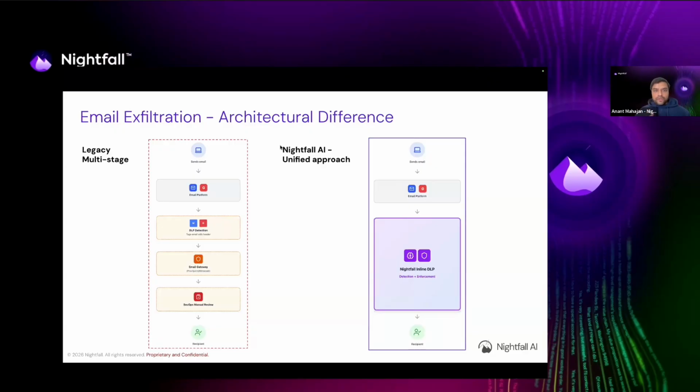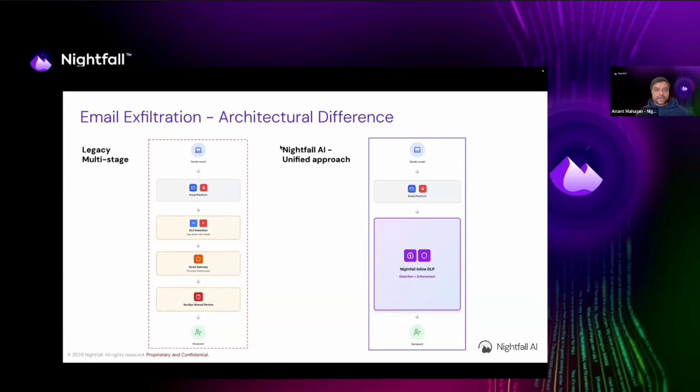In speaking with a lot of you, what we've understood is there's a legacy multi-stage approach in how outgoing emails are scanned and secured in your environments. You could be using Exchange Online, you could be using Gmail. There are instances where you're relying on, as an example, Microsoft Purview to scan your outgoing emails.